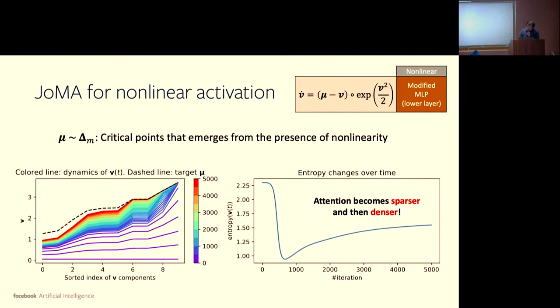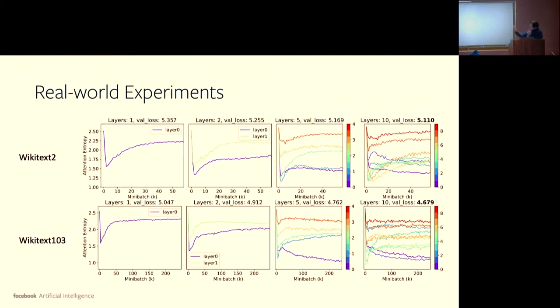I don't want to go into details for this one because there's a lot of math there, but we first want to check whether this is consistent with real experiments. We trained our multi-layer transformer models on two different real-world text datasets, Wikitext2 and Wikitext103, and you see exactly the same curve as predicted by the theory.